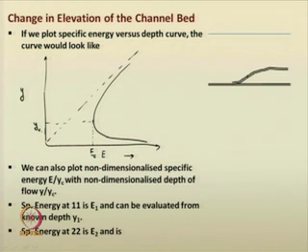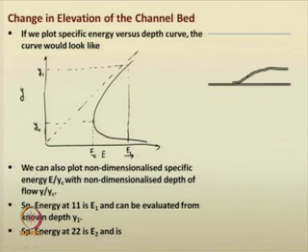So, therefore, suppose we have a subcritical flow, it will be somewhere here upstairs, and at the upstream section, this is the depth of flow y 1, with corresponding energy E 1.